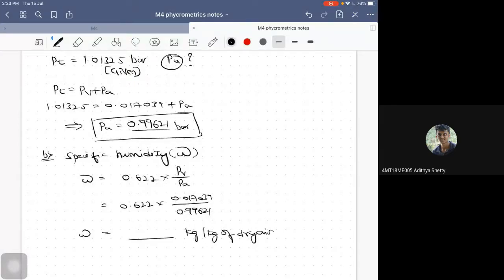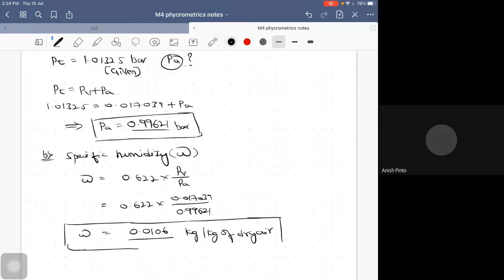Remember the unit of it, this is very, very important. 0.0106. Exactly correct. So the omega value is 0.0106.